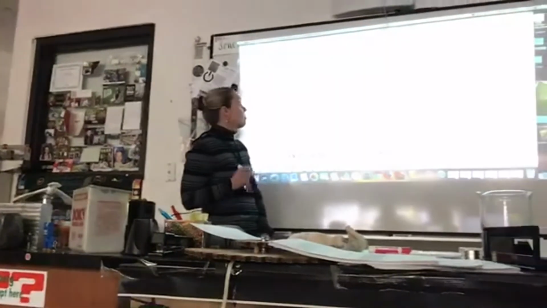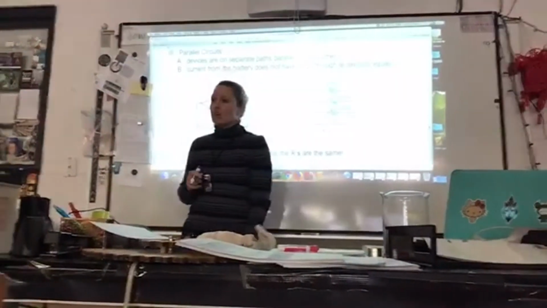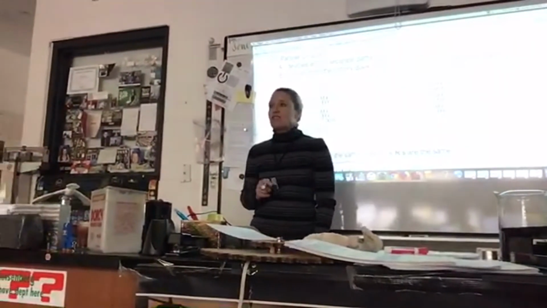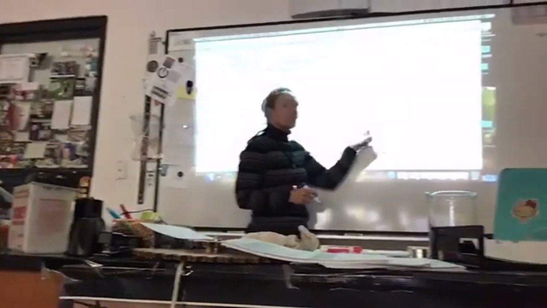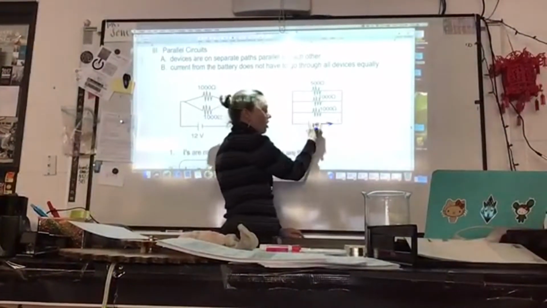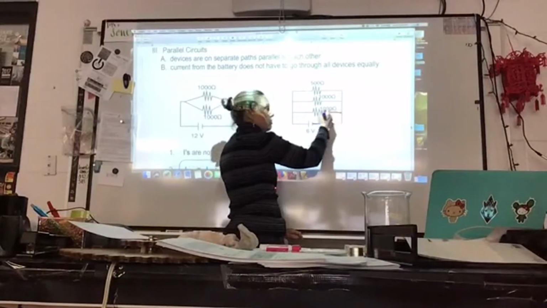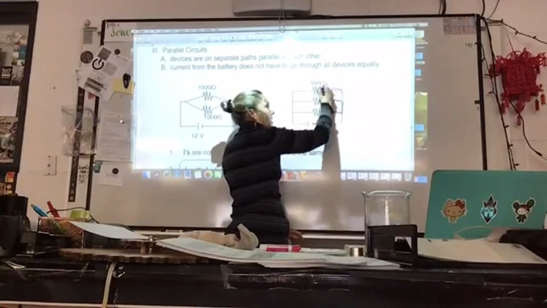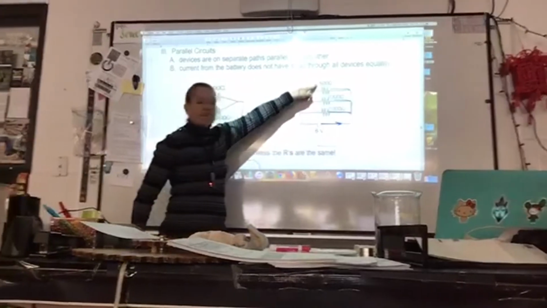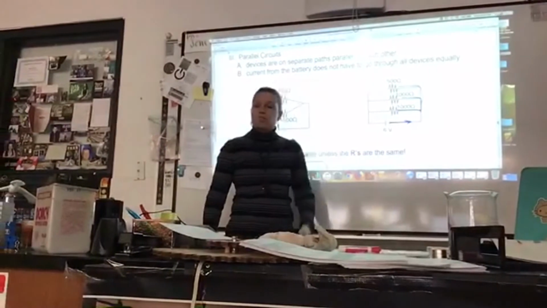Okay? All right. Current from the battery does not have to go through all the devices, nor do they have to go equally. If this was Dexter High, and this is the parking lot drive, and then you have a choice between a road and a road and a road, and this road has half the resistance of the other two roads, where are most cars going to go?